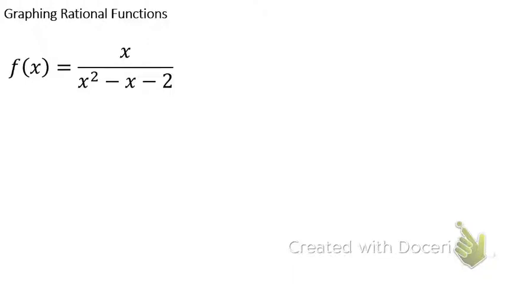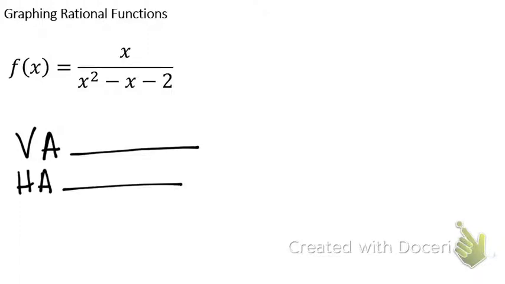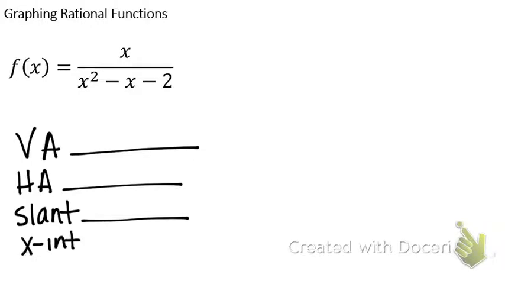What we're going to answer is the vertical asymptote, the horizontal asymptote. Does it have a slant? Remember, it's one or the other. It can't have both. And the x-intercept and the y-intercept. So we're going to answer that about this.